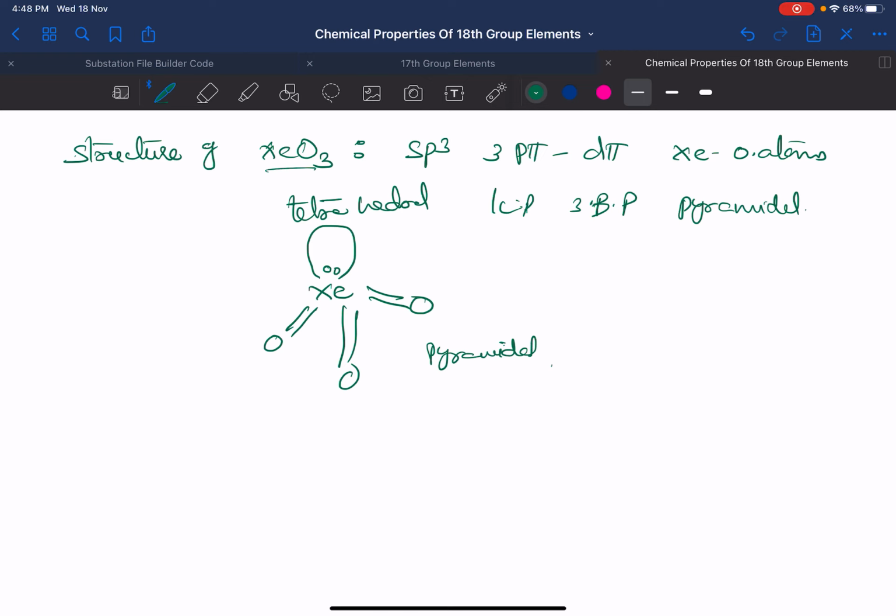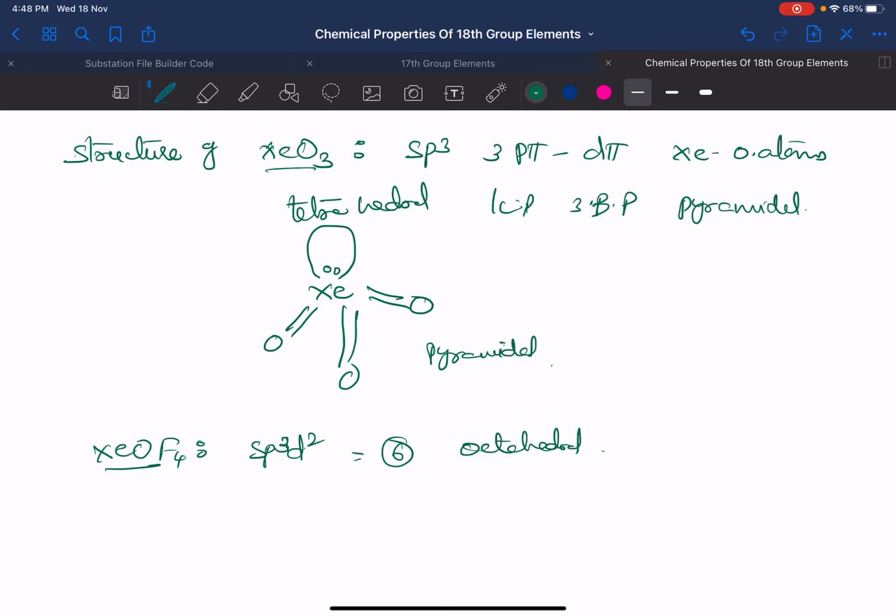And the next one is XeOF4. The hybridization of XeOF4 is sp3d2. That means 1 s orbital, 3 p orbitals and 2 d orbitals, so totally 6 orbitals are present. When 6 orbitals are present, the structure will be octahedral.